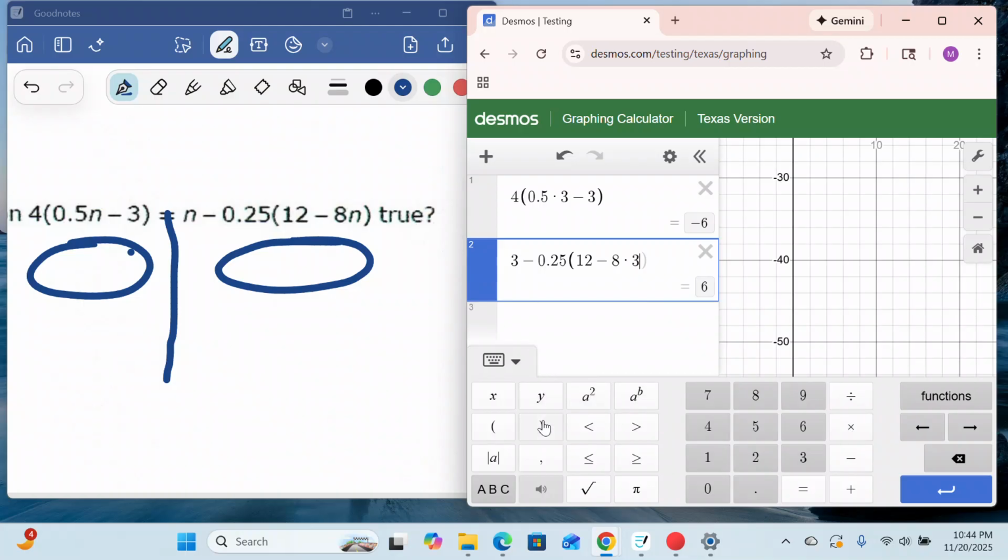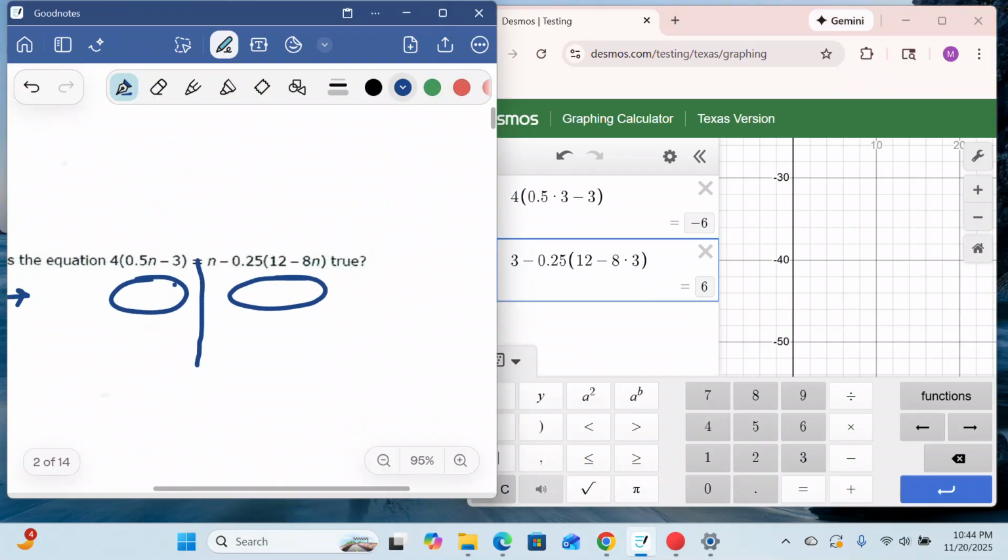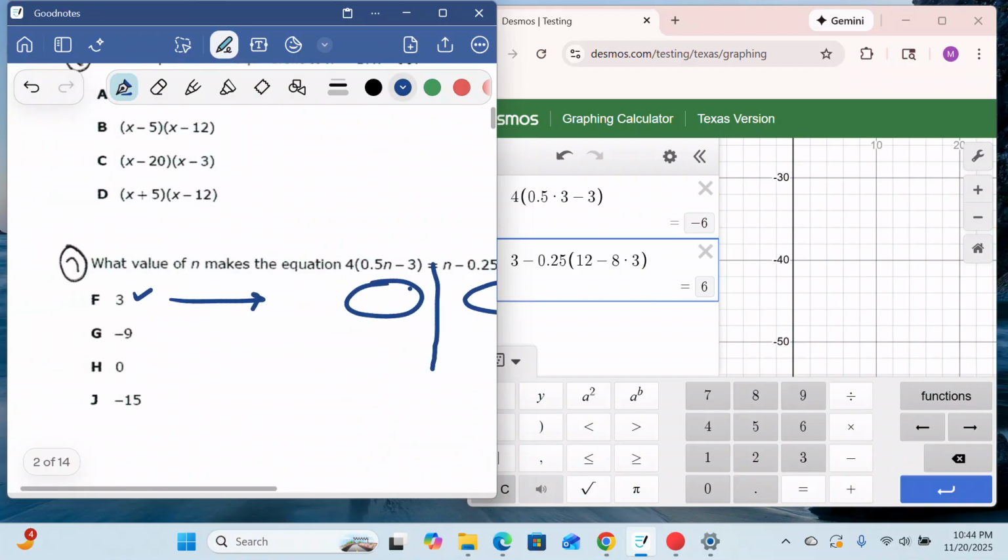I close my parentheses and check it. Does negative 6 equal 6? The answer is no. So automatically, I know this one is not a correct answer. This one is wrong.